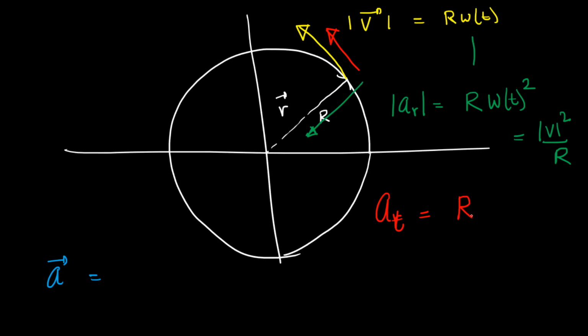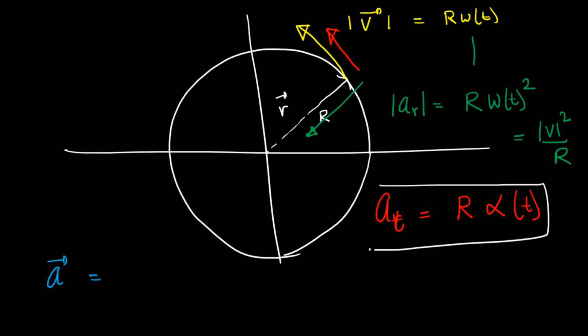Now this is a very big relationship, and this is only because we're no longer assuming that omega is a constant. But remember that the radius is still a constant. So we've derived this relationship and we're going to memorize it. So what is it?